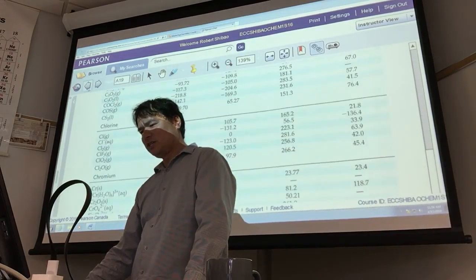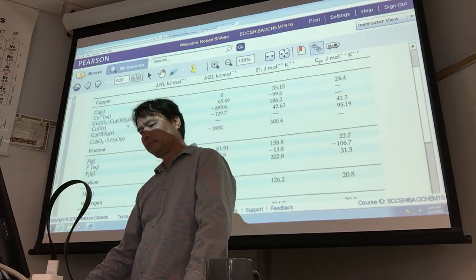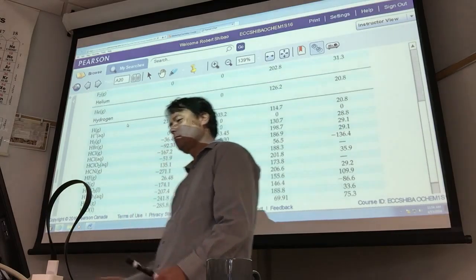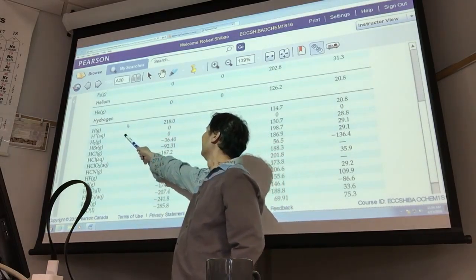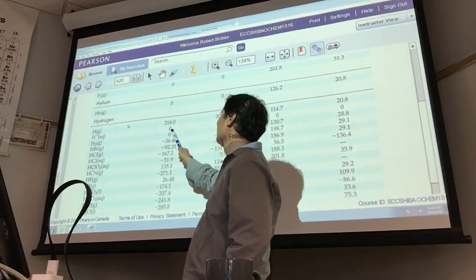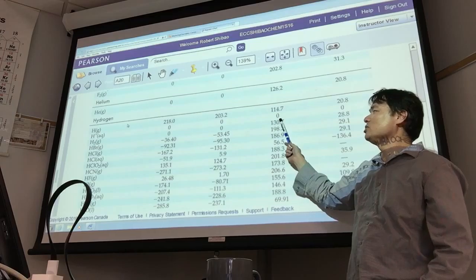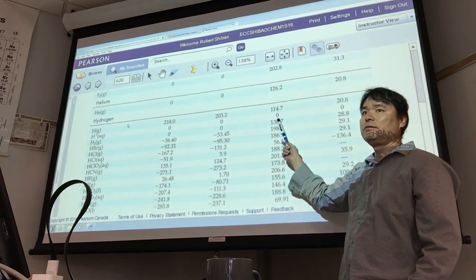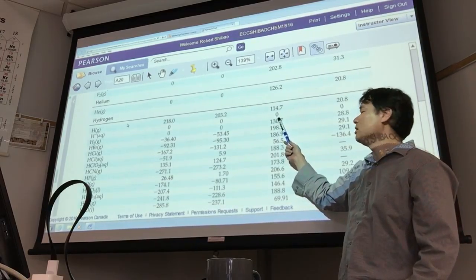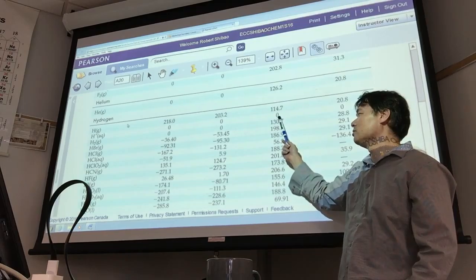And so if we go to H plus AQ, let's take a look. H plus AQ has a delta H of formation of 0, which was arbitrarily defined. It also has an absolute entropy of 0, and this was also arbitrarily defined as well.